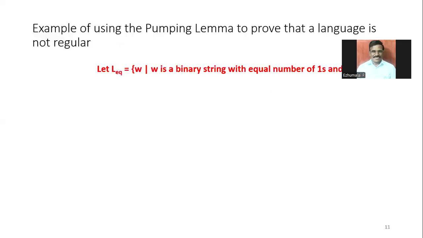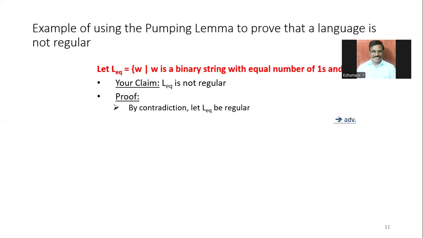Example for the pumping lemma: w is a binary string of zeros and ones. Let us show that L is not regular. Prove by contradiction that L is irregular. Let n be the pumping lemma constant.